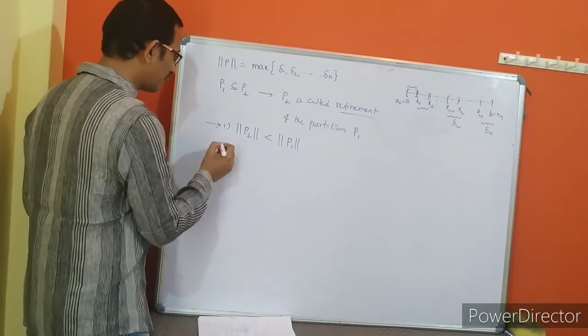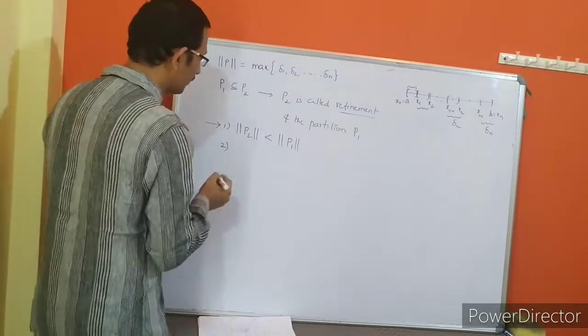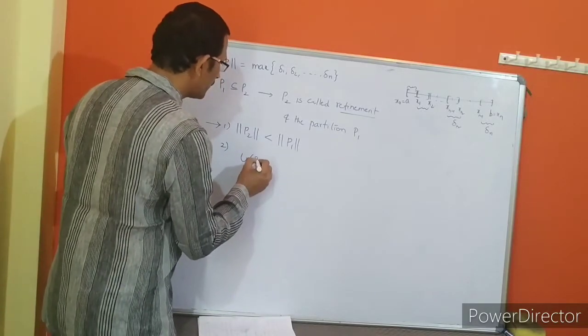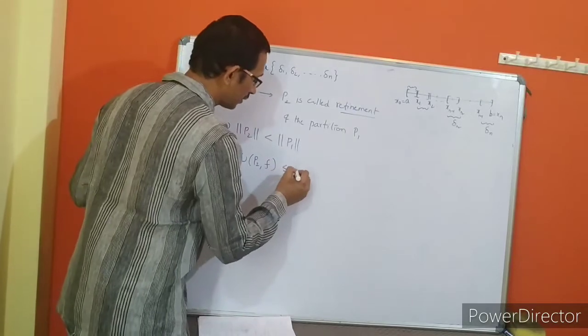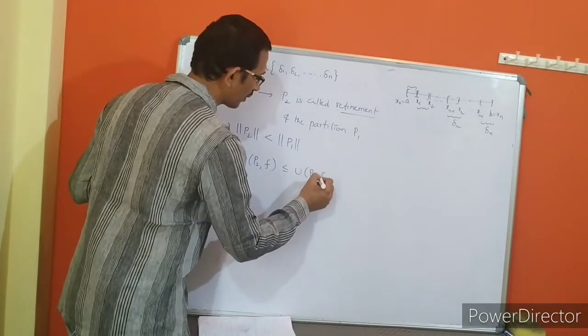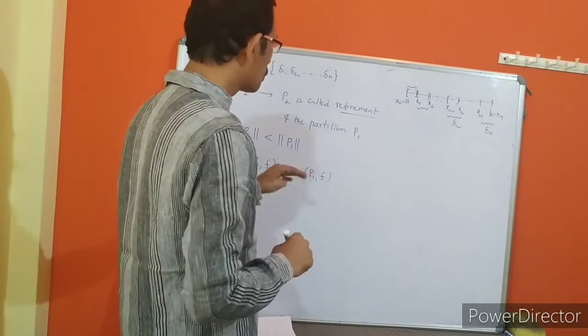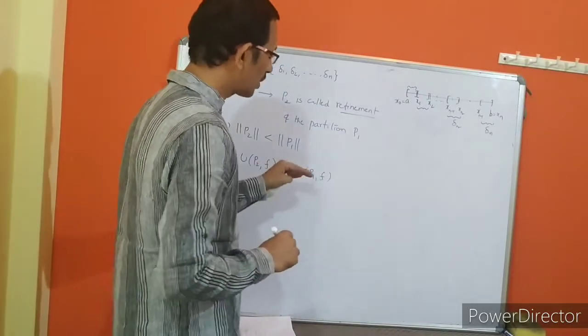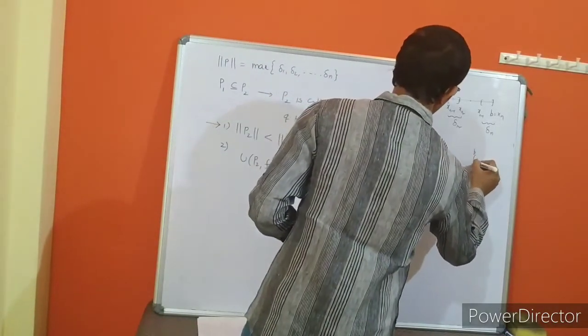And the second point: if P2 is a refinement of P1, then U(P2,f) is smaller than U(P1,f). What is this U(P,f)? It is the upper Riemann sum. It is an approximation of the integral from a to b of f(x) dx from above.